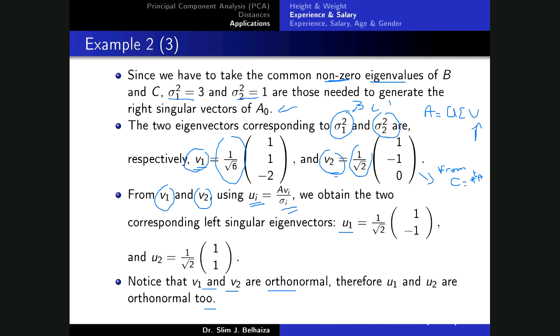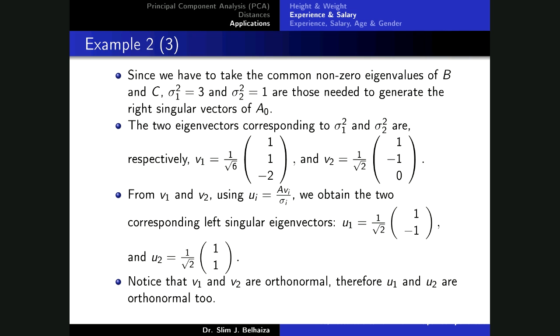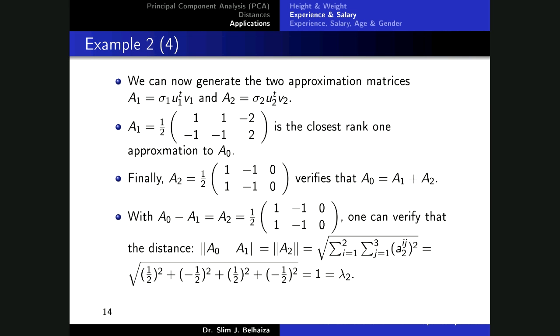So basically here we're able to find the sigmas in capital sigma, the u's and the v's. So we are able to write our first chunk, the first rank 1 approximation of A, which is given by sigma 1 u1 v1 transpose. This very important matrix is in fact the best rank 1 matrix approximation for our A0.